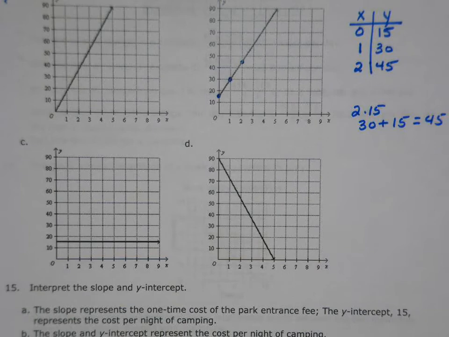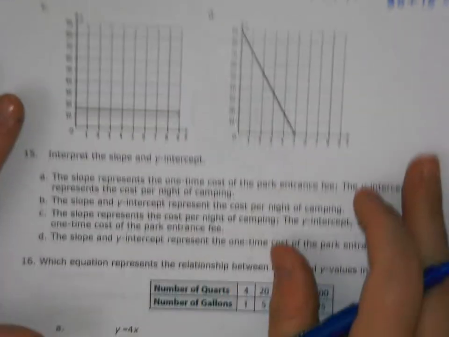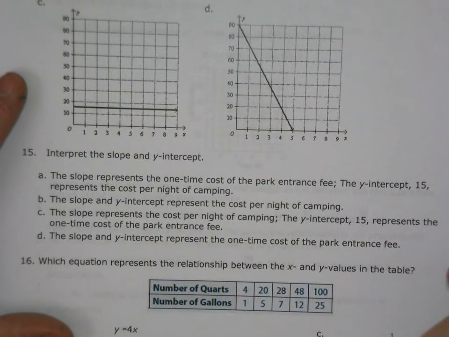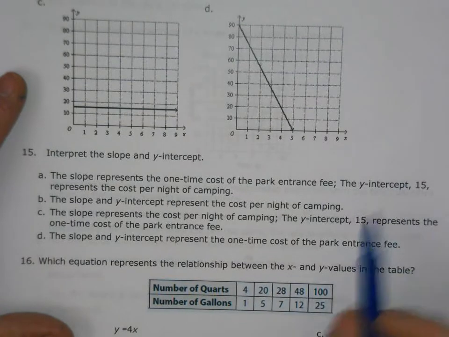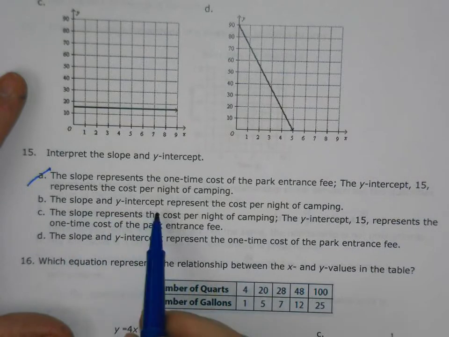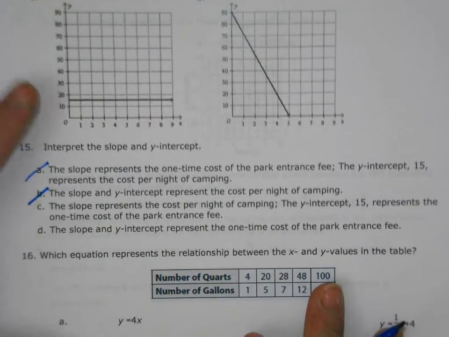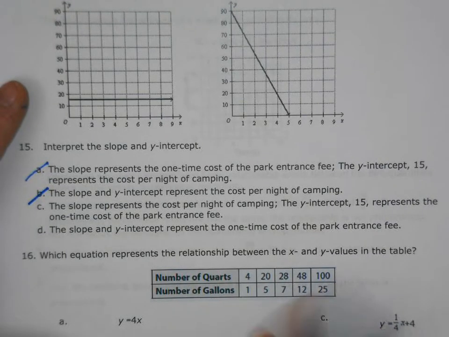Okay, going on to number 15, it says interpret the slope and the y-intercept. That's for this one here. The slope represents the one-time cost of the park entrance fee. Actually, that's what the y-intercept is representing, that one-time fee. So that isn't the correct answer.